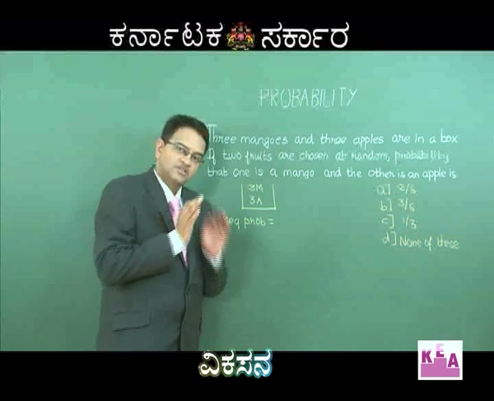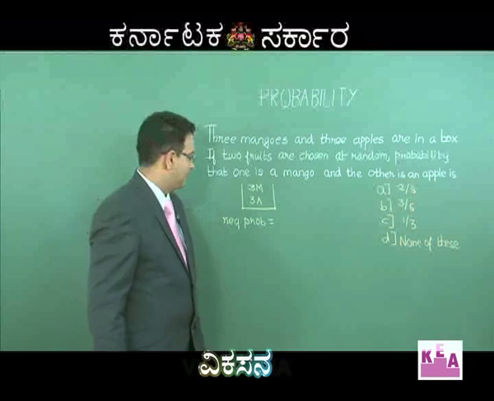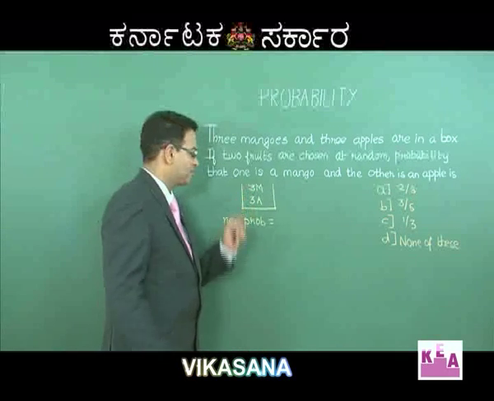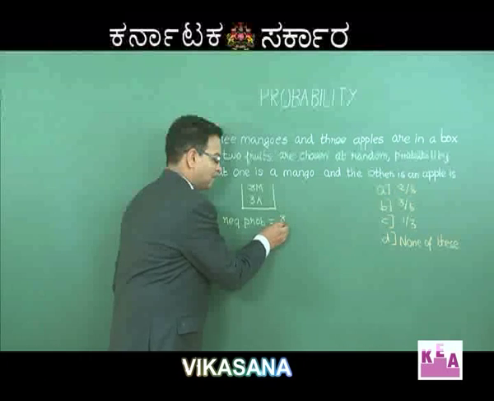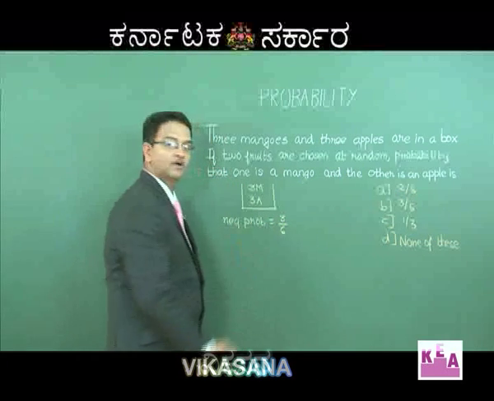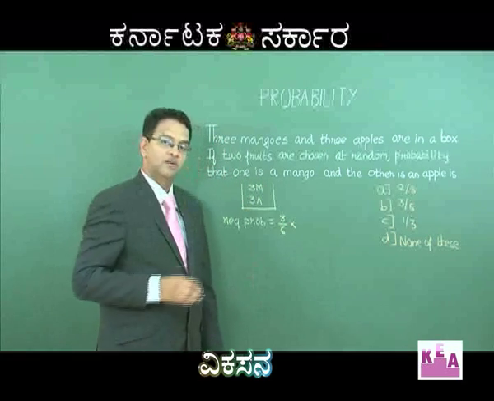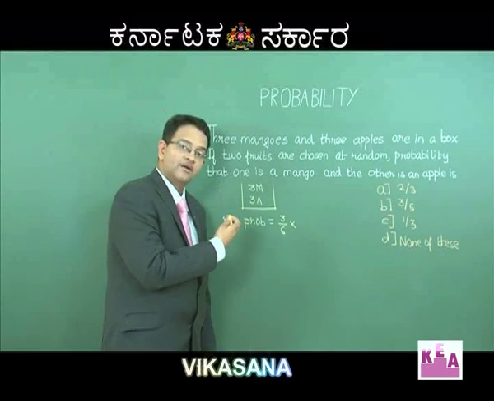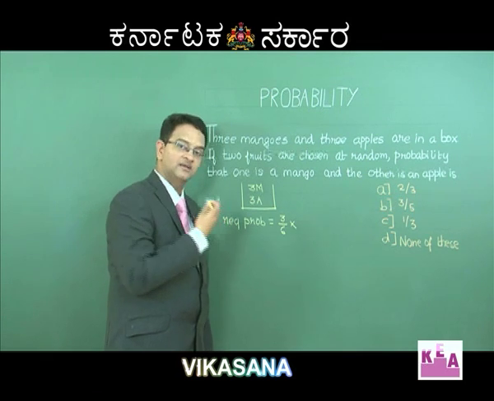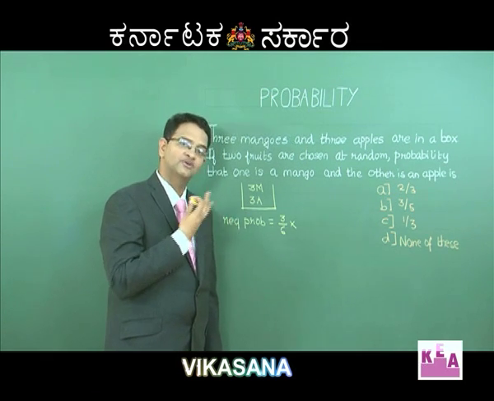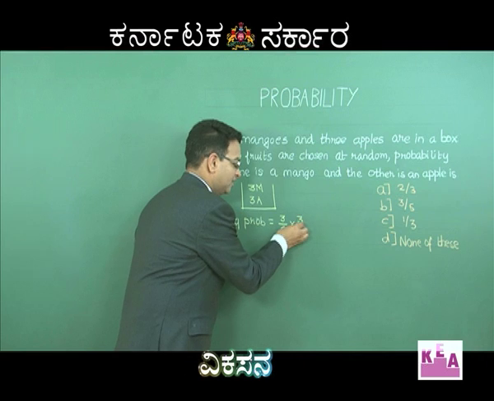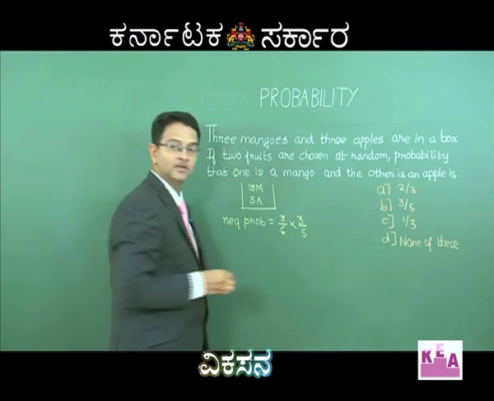first case, first is mango and the second is apple. So first fruit being mango, what is the probability? The number of favorable outcomes divided by total number of outcomes, which is 3 divided by 6, and multiplication theorem. Now we are drawing apple. How many apples are there? 3 apples. Total number of fruits now is 5. Therefore, it would be 3 divided by 5.